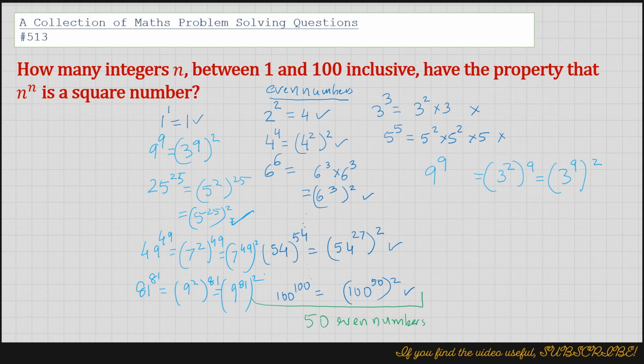So after 50, you will have another set of numbers: 1, 2, 3, 4, 5. So there are 5 odd square numbers.